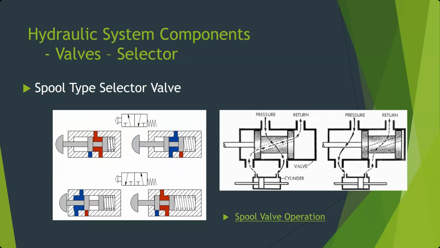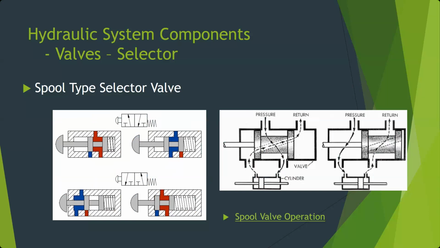Okay? So pressure is hooked up to the top left, returns on the top right. In the instance shown on the left, pressure comes in, it can pass around the skinny area of the spool on the outside. And that is being routed, in this case, to the right side of the cylinder. So it's going to push the actuator from right to left.